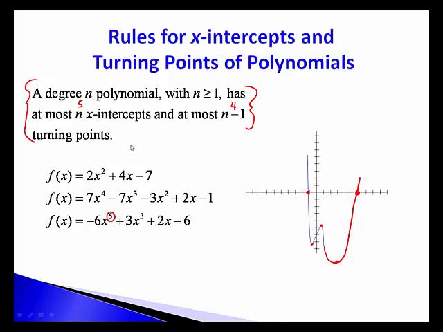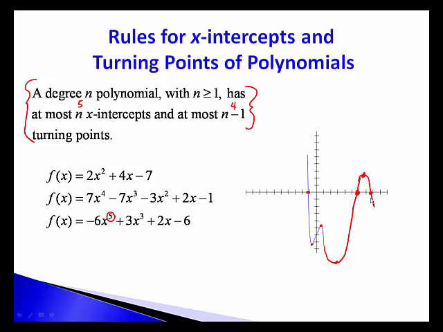As a matter of fact, it could go one step further. It could turn and come back again. Give me another turning point and another x-intercept. I would have 1, 2, 3, 4 turning points. That would be okay. And I would have 1, 2, 3 x-intercepts. Now here's what I want you to understand.